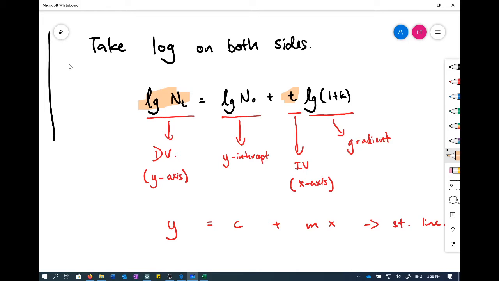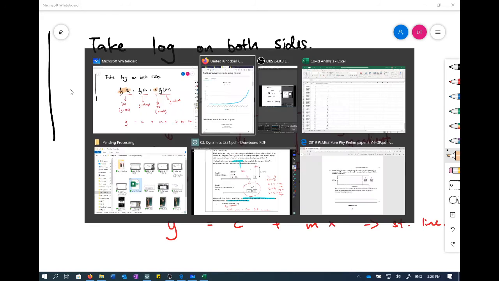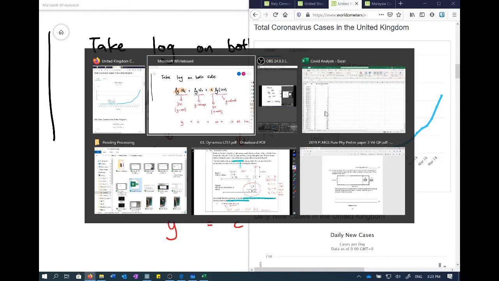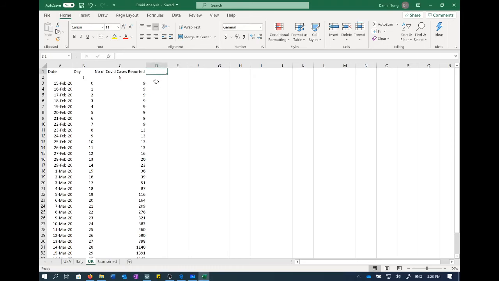So the data, like I was showing you just now, I copied one by one from this series. But I'm plotting log N versus t, so I have to do a conversion first, log N. Now, I was telling those of you that came early that normally this is the very annoying part in your practical where you have to do the same calculation many times for different sets of values.